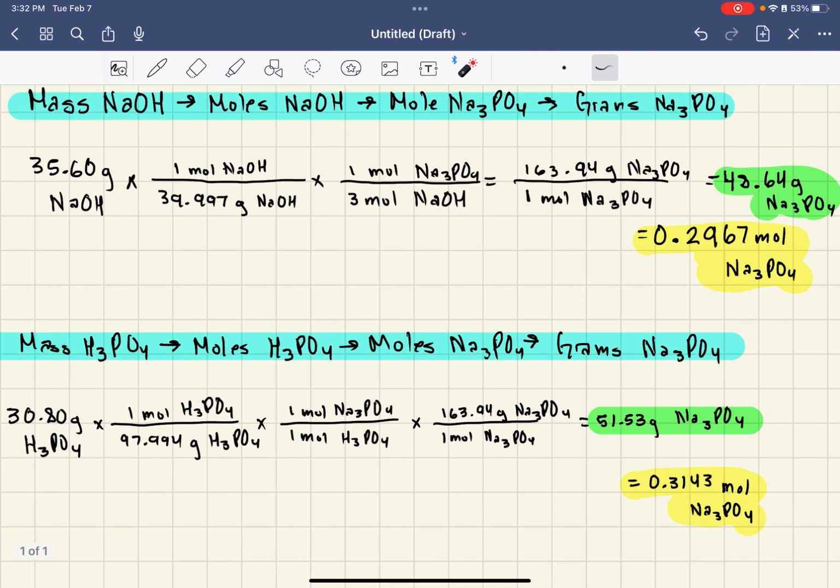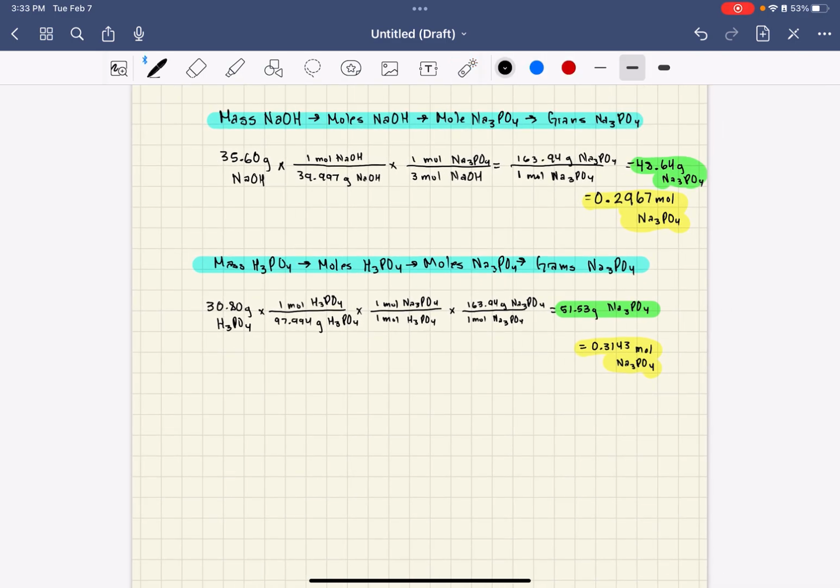Now, we want to do a comparison between the two. By default, we can see that NaOH has a smaller number overall than H3PO4. We see 51.53 grams of Na3PO4 compared to 48.64 grams. So it leads us to conclude that NaOH, in this case, is the limiting reactant. Why?